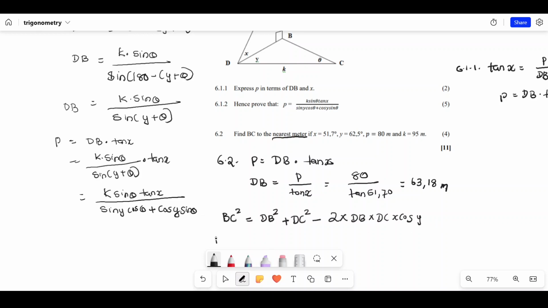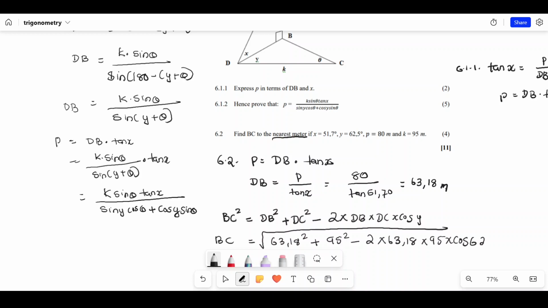Now only substitution remaining. Therefore, BC equals the square root of, let us substitute, dB is 63,18 squared plus DC, K is 95 squared, minus 2 times 63,18 times 95 times cos y.